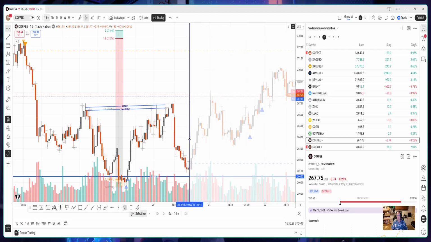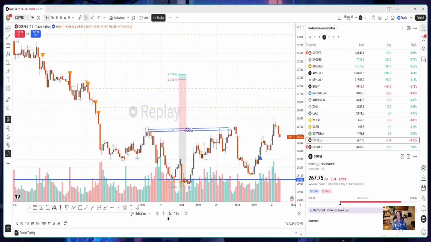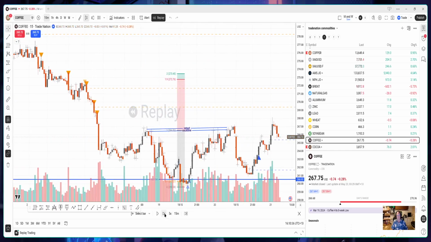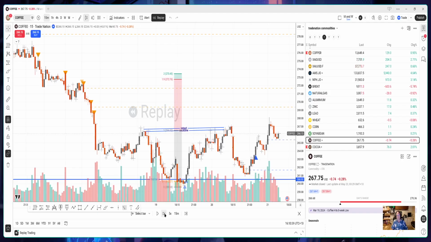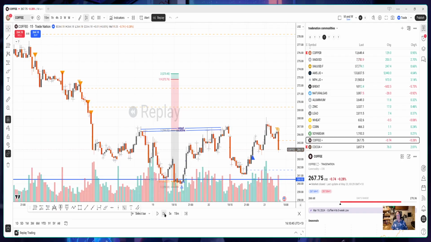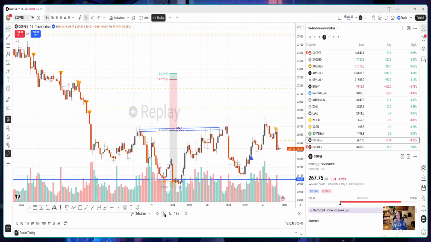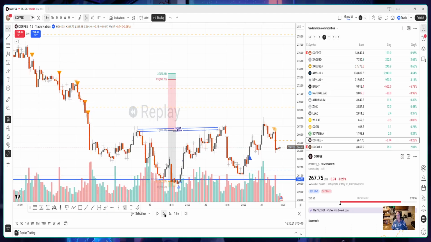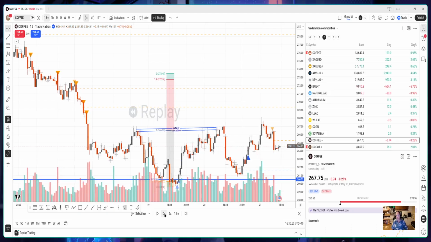Replay, start new. So break close retest is here. That is not a bar. Okay, that is a pin bar down. That's an engulfer down. That's nothing. Nothing. Nothing. Nothing.